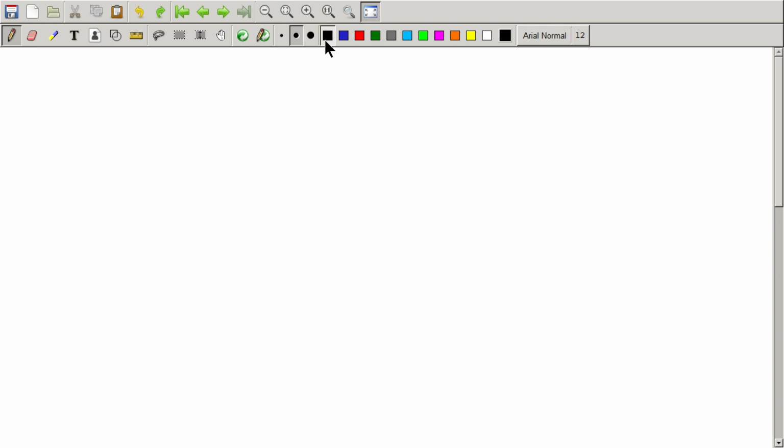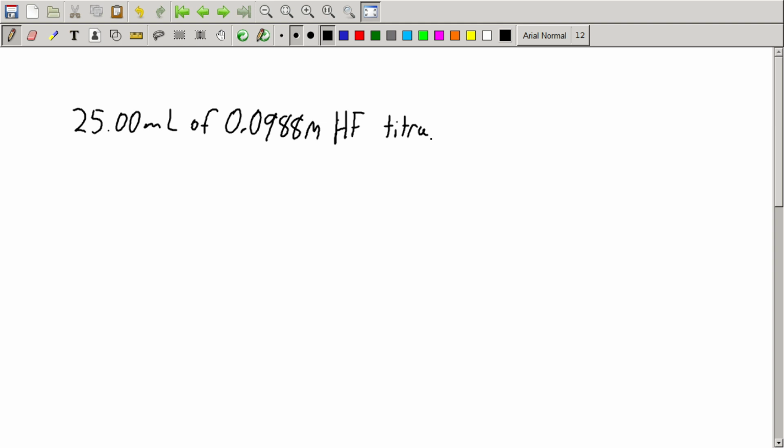Is that right? And we're titrating that with the same sodium hydroxide solution we used in the last one, which is 0.101 molar. Okay, I can do the rest of it now. I remember enough. I just had to get those numbers right.